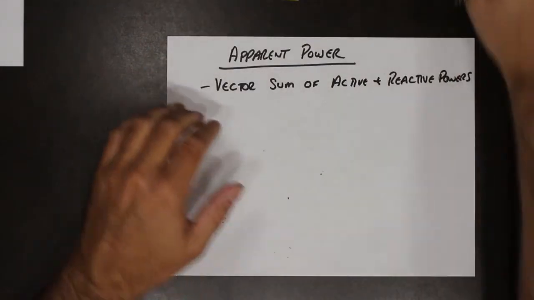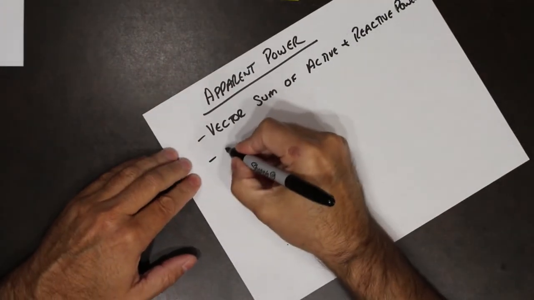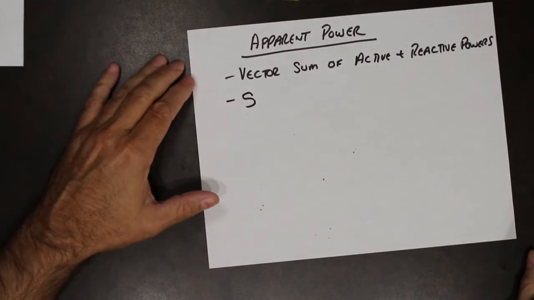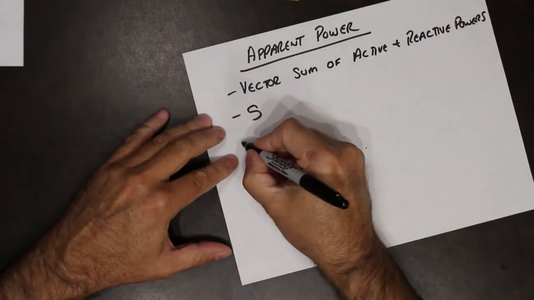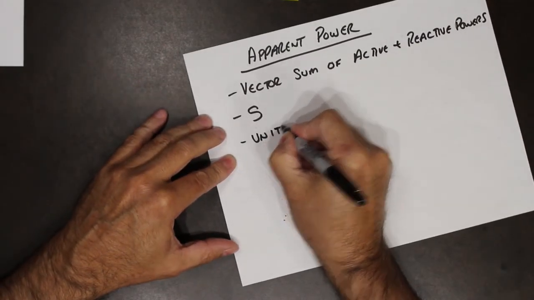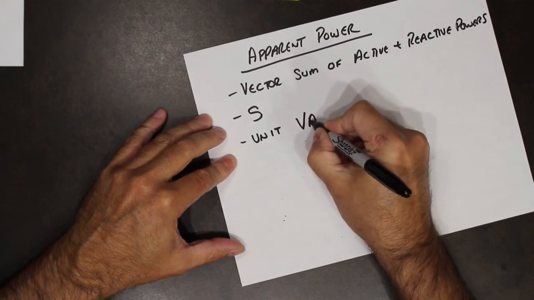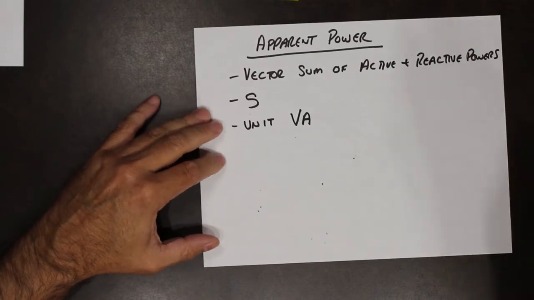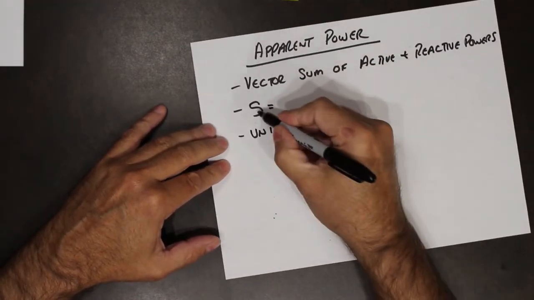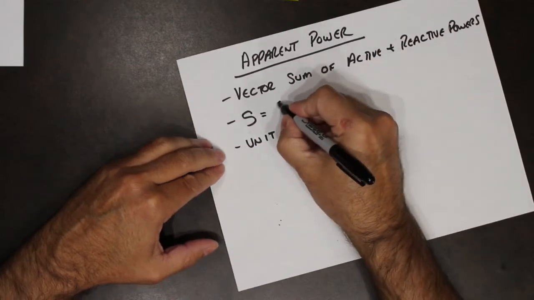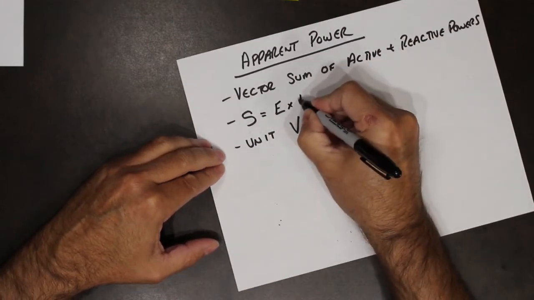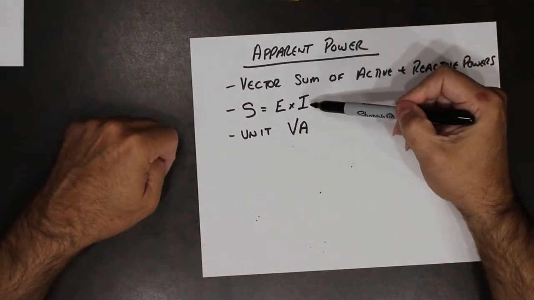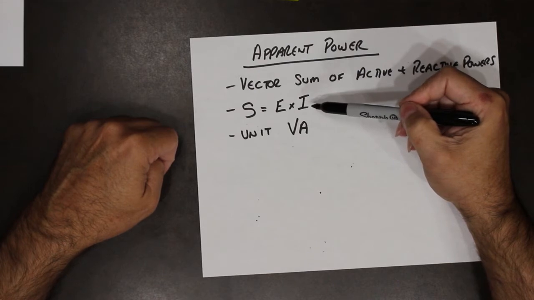So basically, the symbol is S. The unit is the volt amp. The formula for S is equal to E times I. This I represents the total current flowing in the circuit.